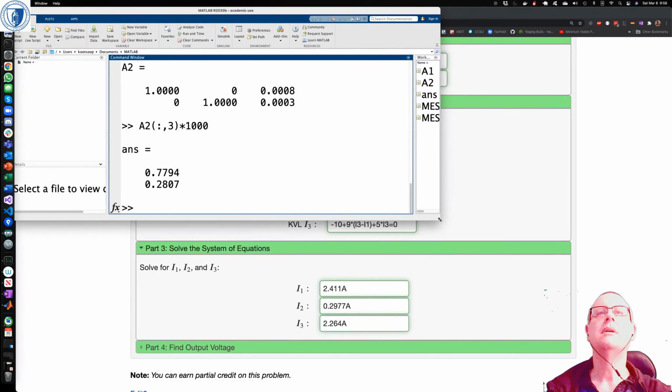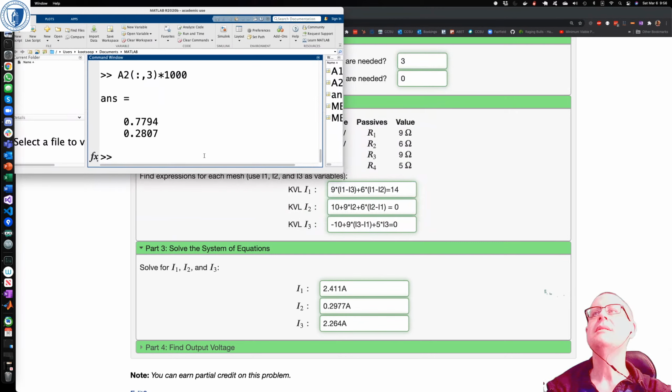Right, so the first is going to be 15 I1 minus 6 I2, and then I3 is minus 9, and there's 14 volts.